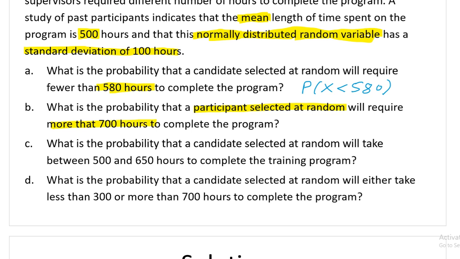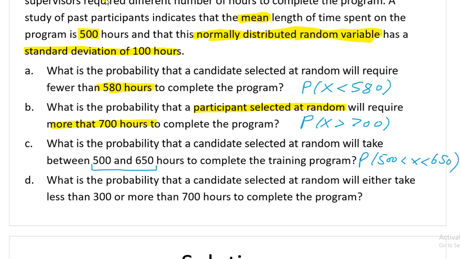It means what is the probability that x is greater than 700? In the third part, what is the probability that it will take between 500 and 650 hours to complete? So the question is, what is the probability that x is between 500 and 650?